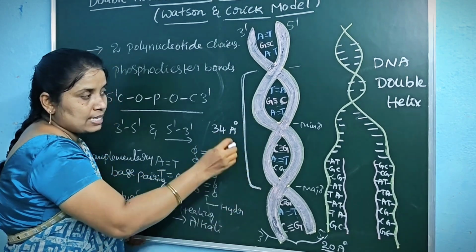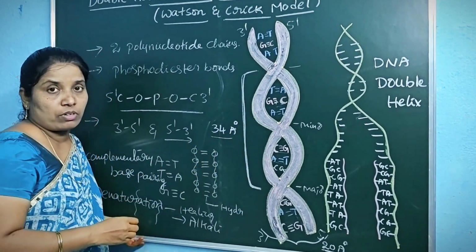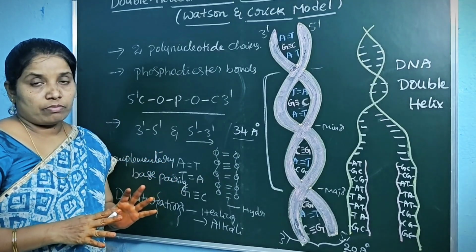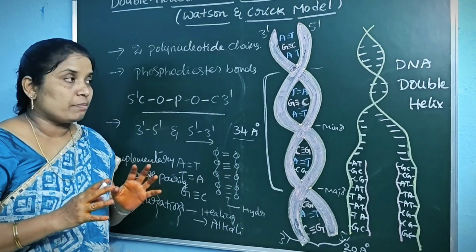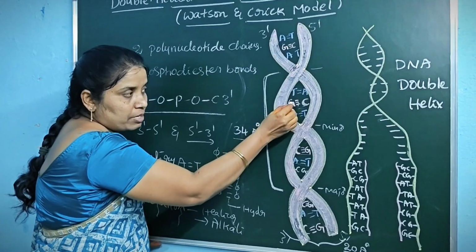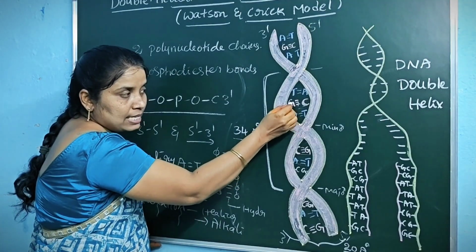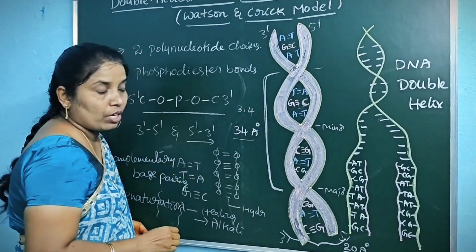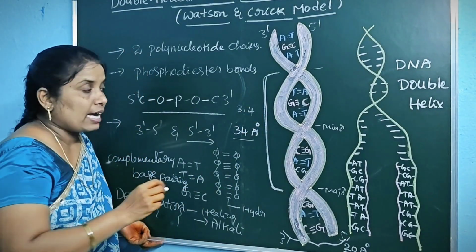Okay. So it has a length of 34 angstroms. Each helix consists of 10 base pairs. The distance between two base pairs, that is, the distance between these two base pairs, G and A, is equal to 3.4, because each helix has 10 base pairs.